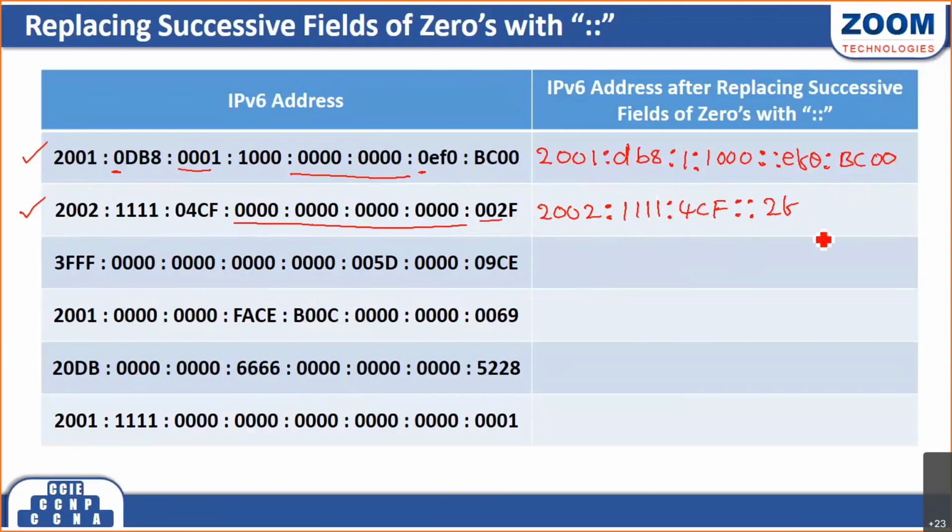So if we assign this IPv6 address to your computer, how does your machine understand? We have assigned 4 fields, and 4 are missing. Where you have used the double colon, your machine will automatically understand that 4 fields of zeros are there. Clear? Next example, please.